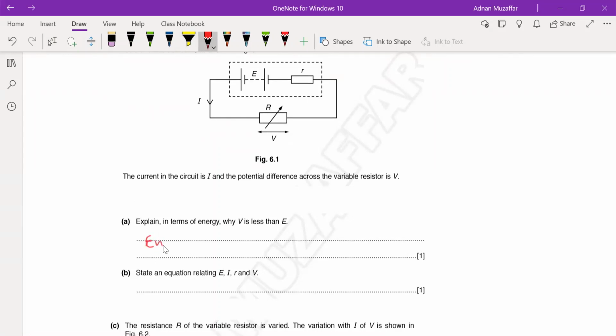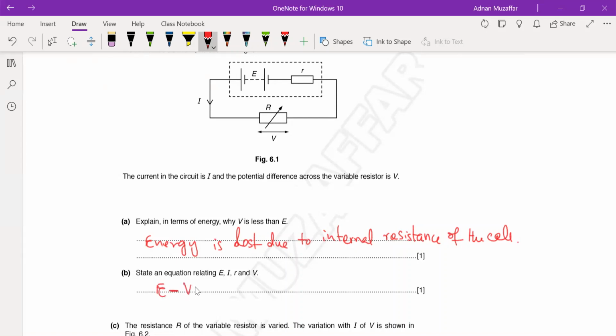Energy is lost due to the cell's internal resistance. Very good. State an equation relating E, I, R, and V. Yes, sir.